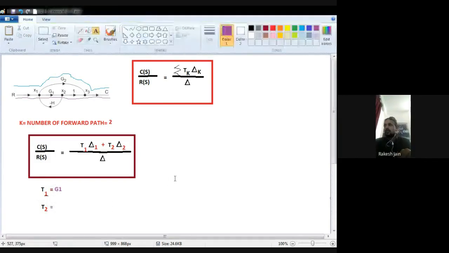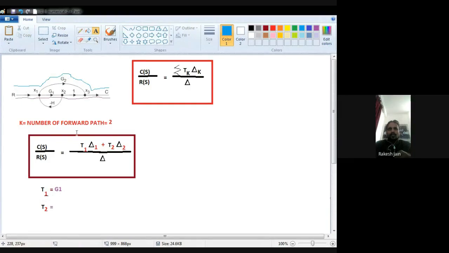Okay, now we have to write down for the second forward path, so I just write down over here. What is my second forward path gain? Now see, with this light blue color I mention in the graphical representation, I start from the input side R, reach at x1 node, nothing is written for that branch, so it means gain is 1.